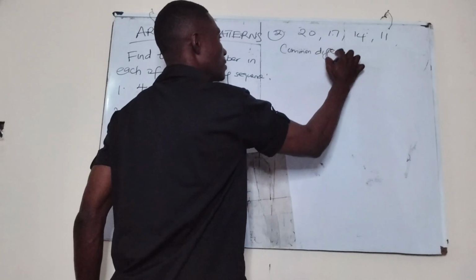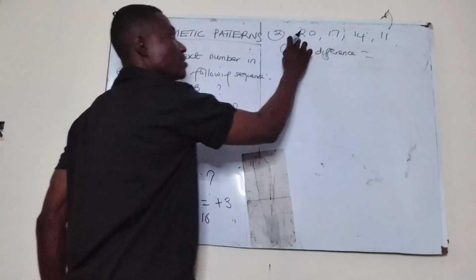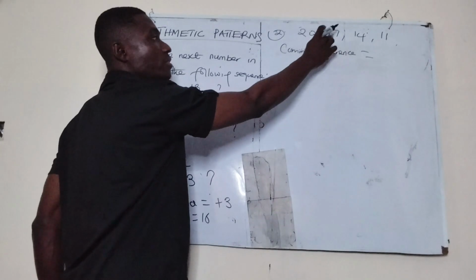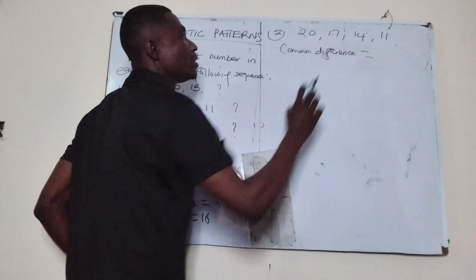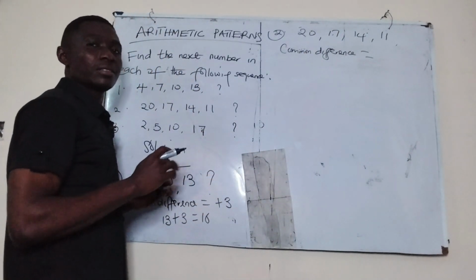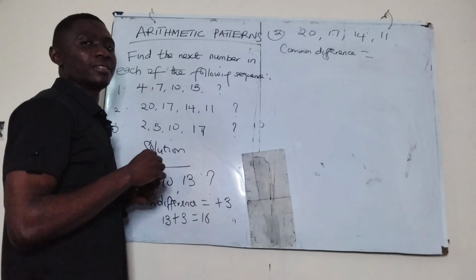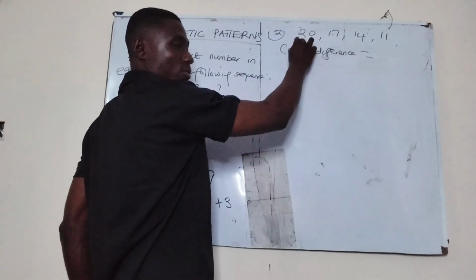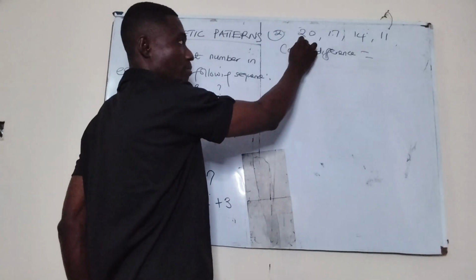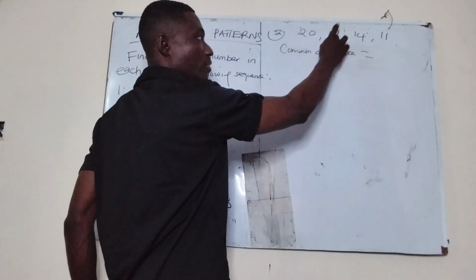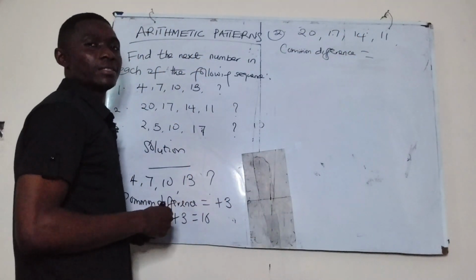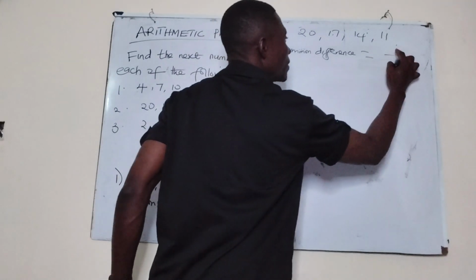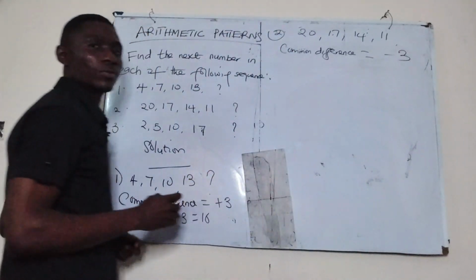We're having 20, the next is 17, then 14. Looking at it clearly, we can see that the common difference is minus 3, because 17 minus 20 gives us minus 3. So the common difference here is minus 3.